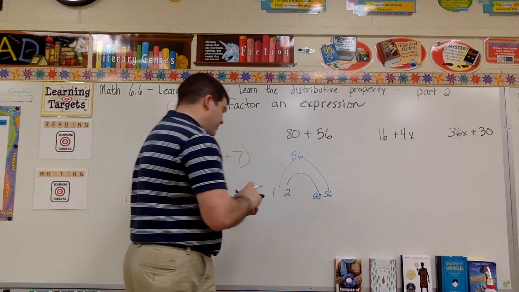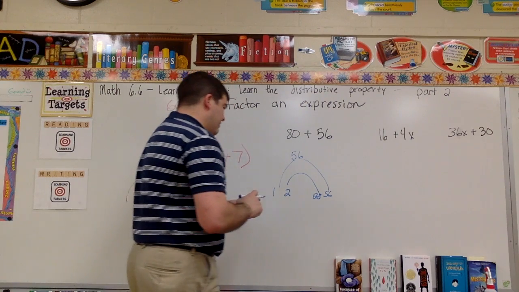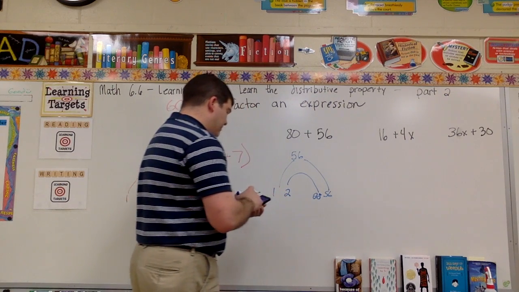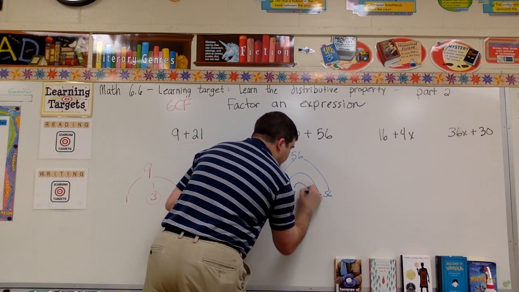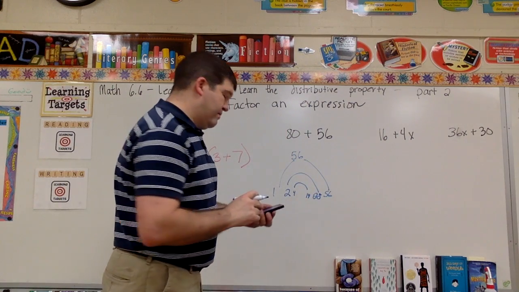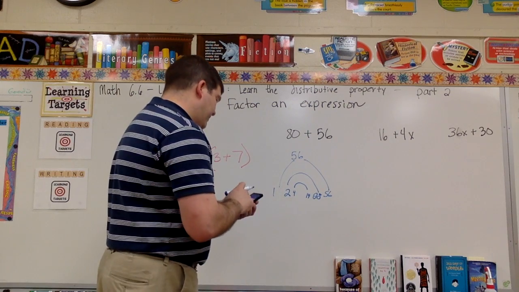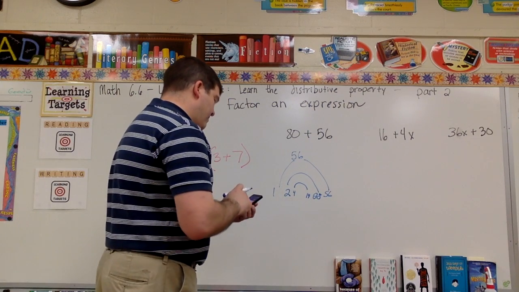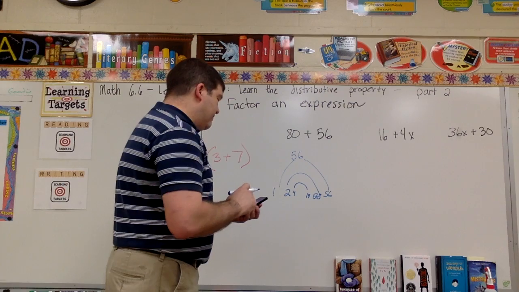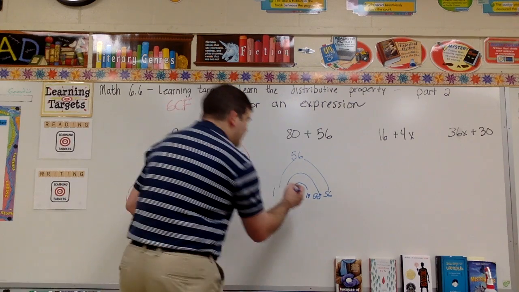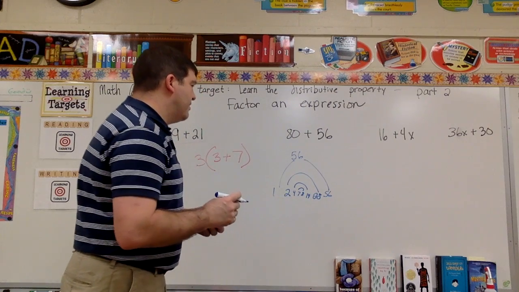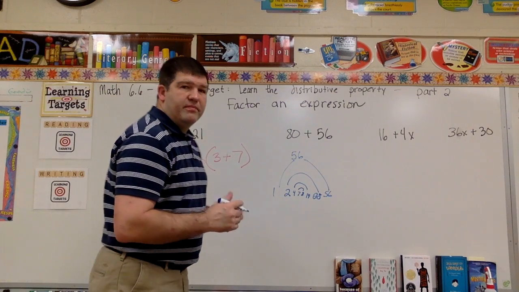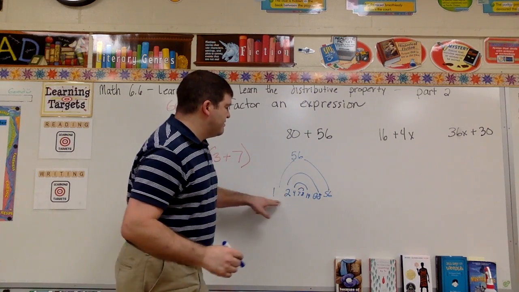Does 3 go in there? I don't think so. Does 4? Yeah, 4 and 14. Okay, does 5? No. Does 6? No. Does 7? Yep, 7 times 8. Okay, and then I know I'm done because there's no more numbers there.